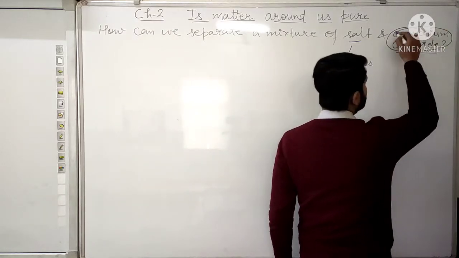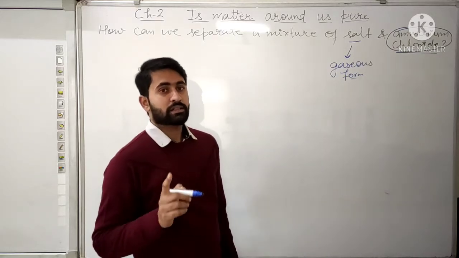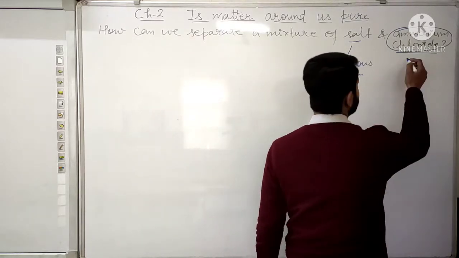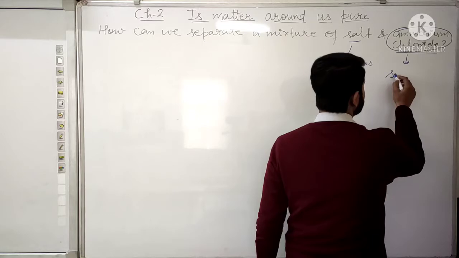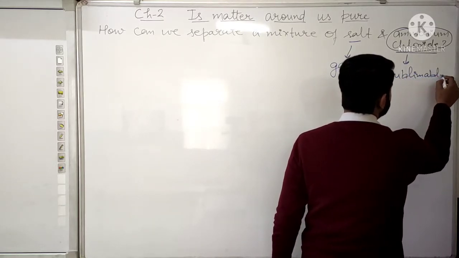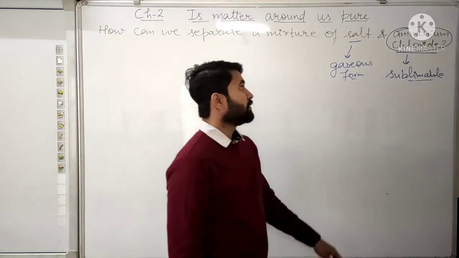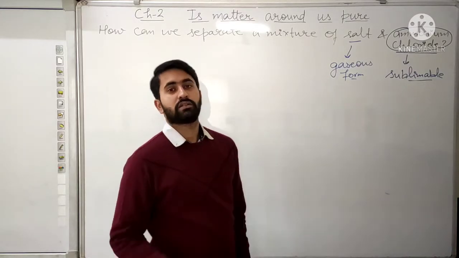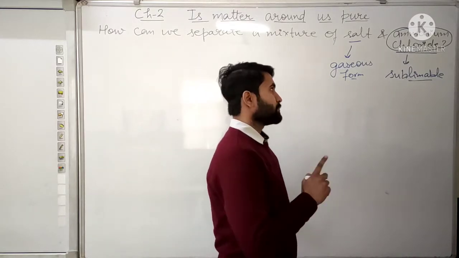Ammonium chloride is a substance that undergoes sublimation, or we can say it is a sublimable substance, whereas the salt is not a sublimable substance.